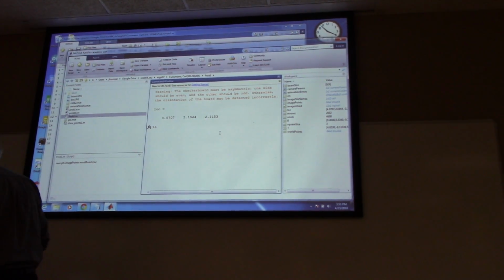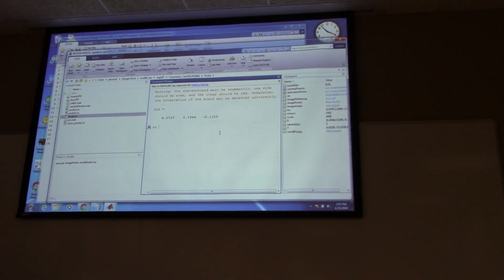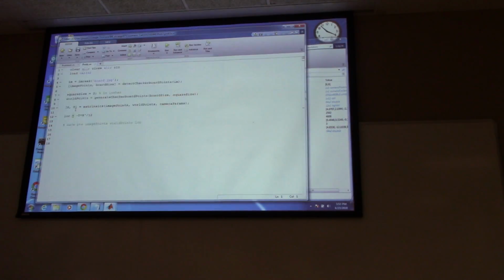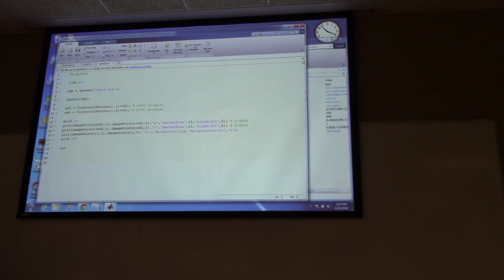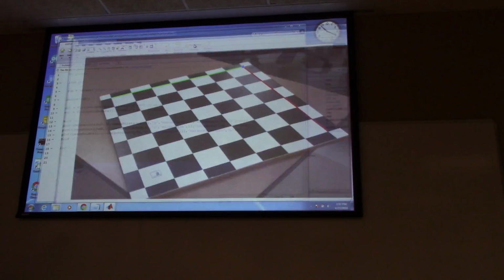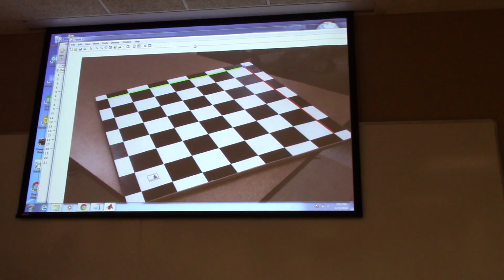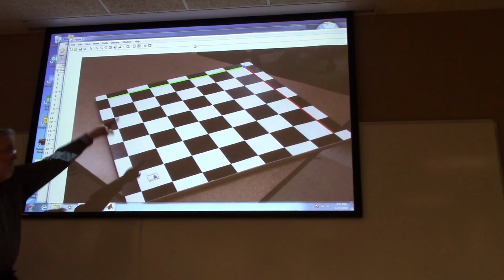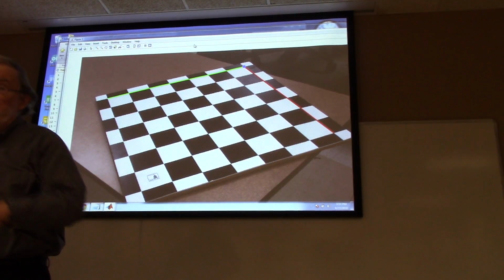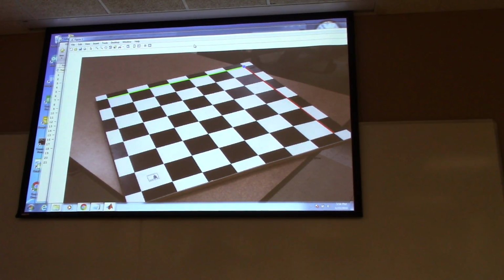So there's a little bit of extra code in here. I think it's this one. Okay, so that says that the origin of the checkerboard is pretty far away, right? It's the top right corner there. And the x-axis is the red axis, so it's coming this way. The y-axis is going that way.